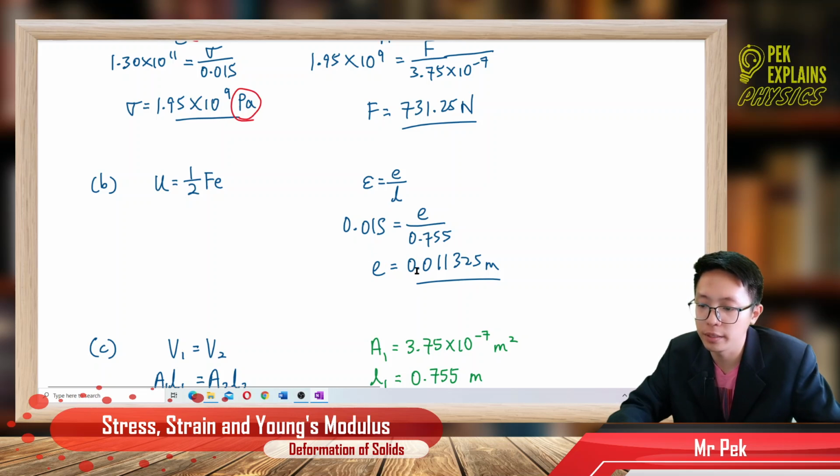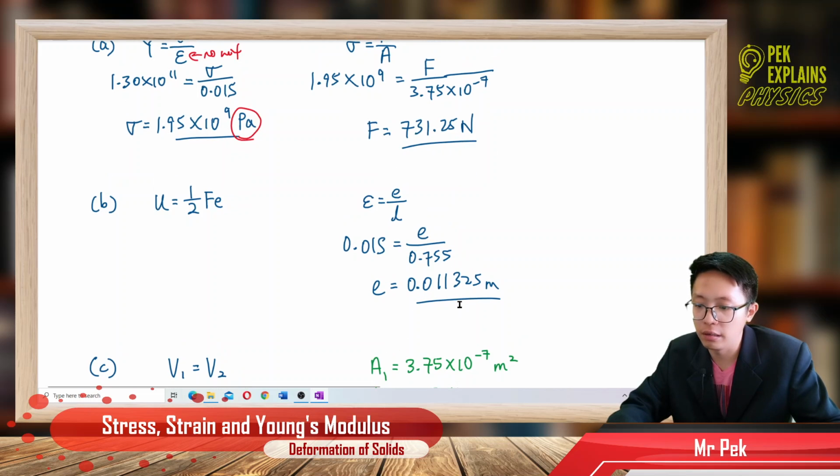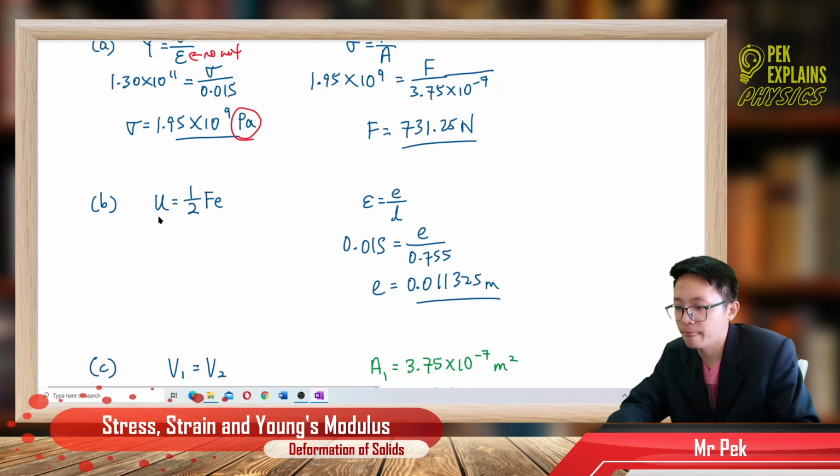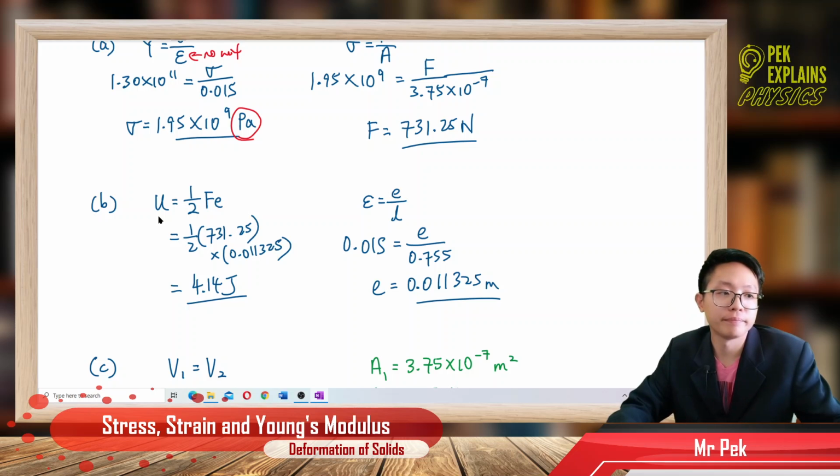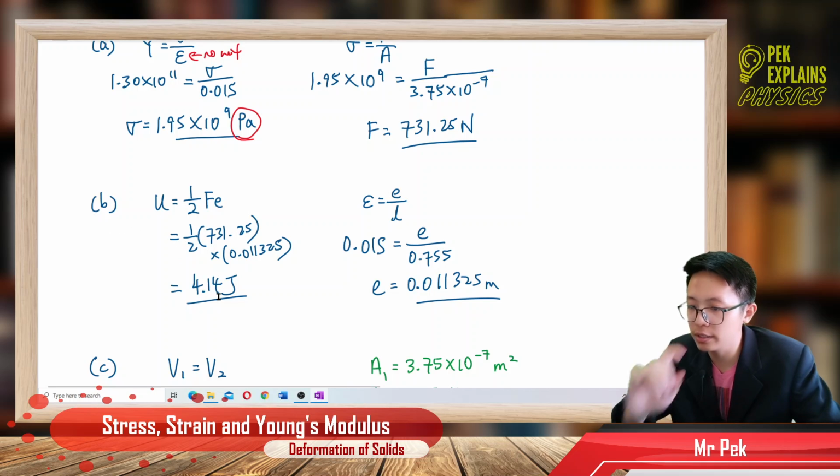Put as many decimal places so that it is more accurate. So that's my elongation. I got the force already and the elongation, so half force times elongation gives the strain energy. My force is 731.25 times 0.011325. So what's the answer? 4.14 joule. Okay, that's the strain energy.